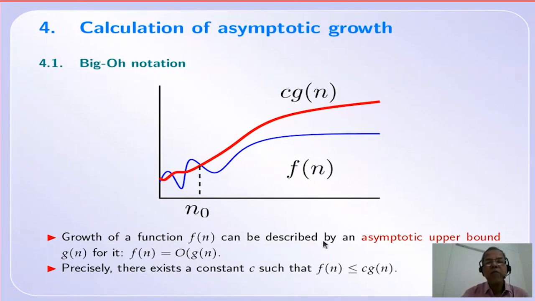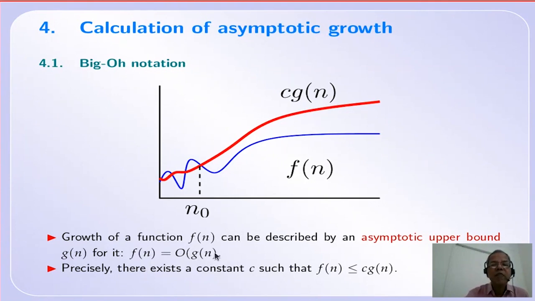Growth of a function f of n can be described by an asymptotic upper bound. What is asymptotic? Upper bound when n is large. So whenever you see the word asymptotic, immediately you imagine we are speaking about very large values of n. Millions, billions. That we write as f of n is big O of g of n.